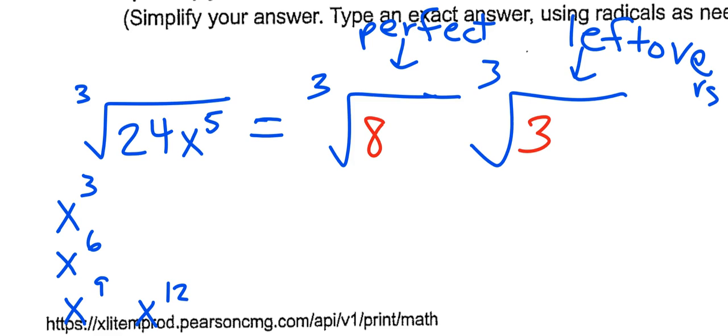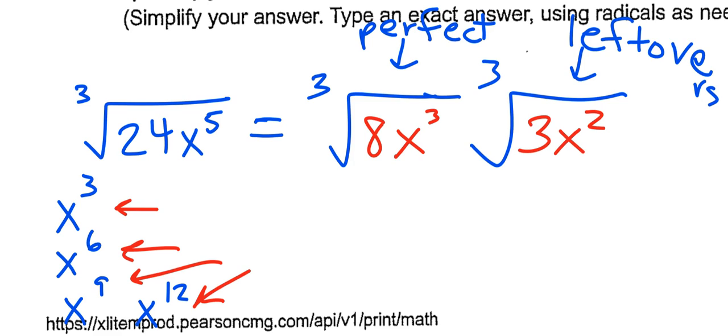Leave that alone. What was the largest perfect cube of x that goes into x to the 5th? X to the 3rd. With how much left over? 2 left over. Okay, folks.